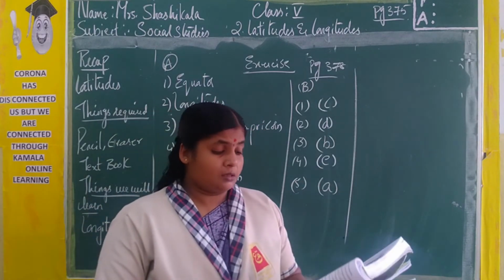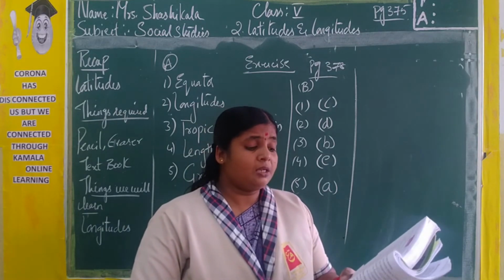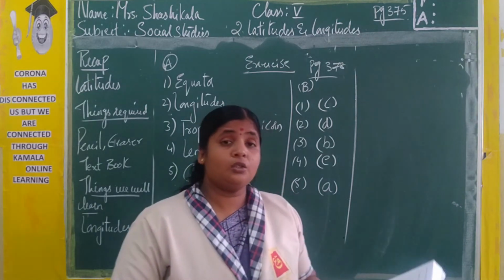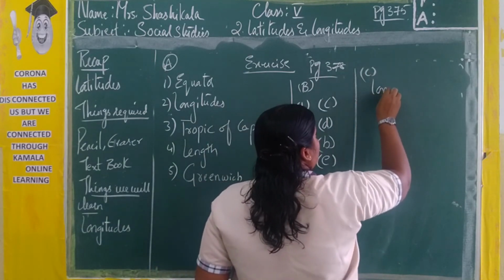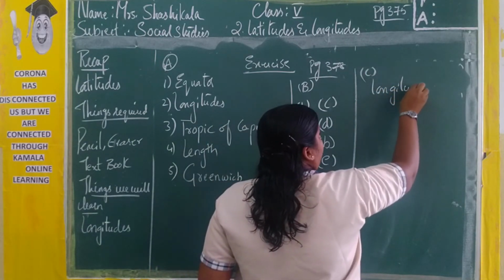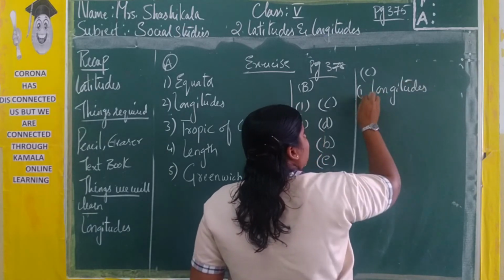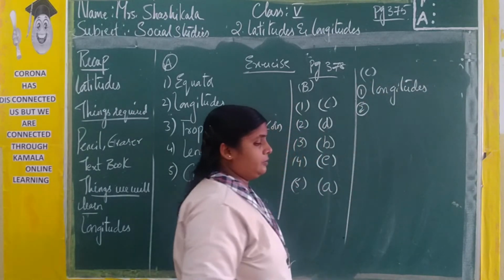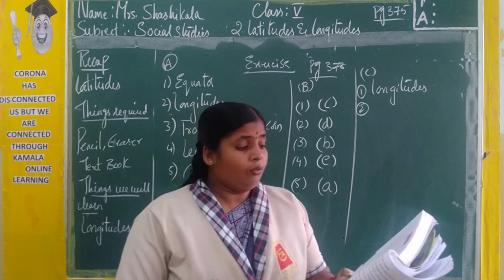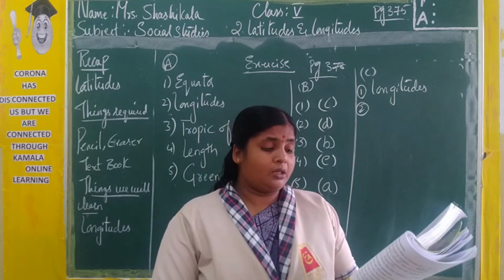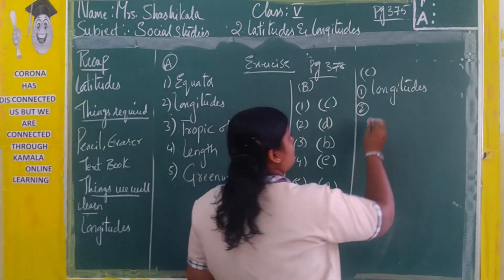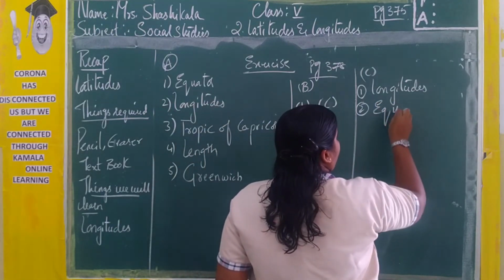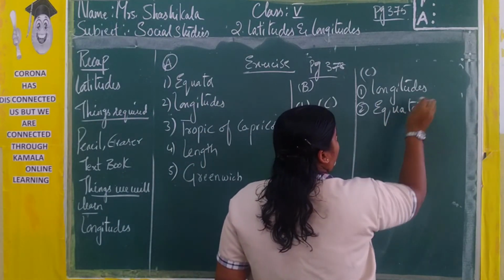Now, give the correct answers. The imaginary lines that run from north to south are longitudes. Right, first one is longitudes. Now, the 0 degree latitude that divides the earth into two equal halves: Equator. E-Q-U-A-T-O-R. Equator.